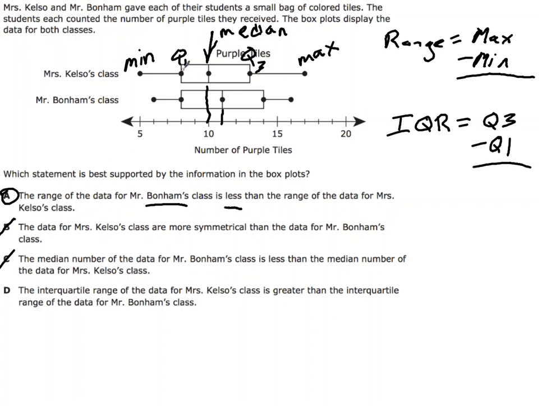One giveaway is the Q1 for both teachers is the same, but Mr. Bonham has a higher Q3. That means there's going to be more distance in this box, and we can tell by looking at this, the length of the box is greater with Mr. Bonham. And we're saying Mrs. Kelso's class is greater, so that is not true. So we eliminate that. So A is the only possible correct answer.